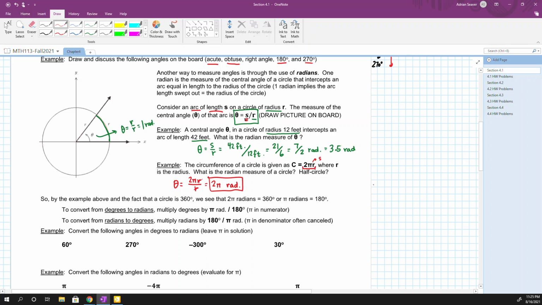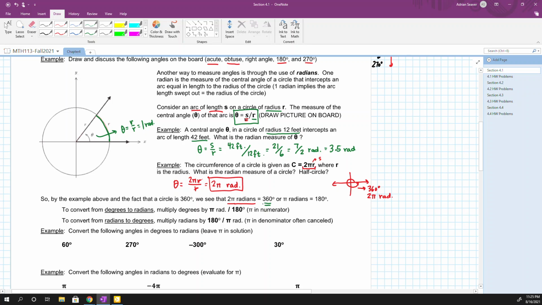So I know one thing now. If I make a complete circle, we already knew that was a 360-degree angle. Well, I also know now that that's equivalent to a 2 pi radian amount of angle. So those two terms are really the same thing. 2 pi radians is the same as 360 degrees.